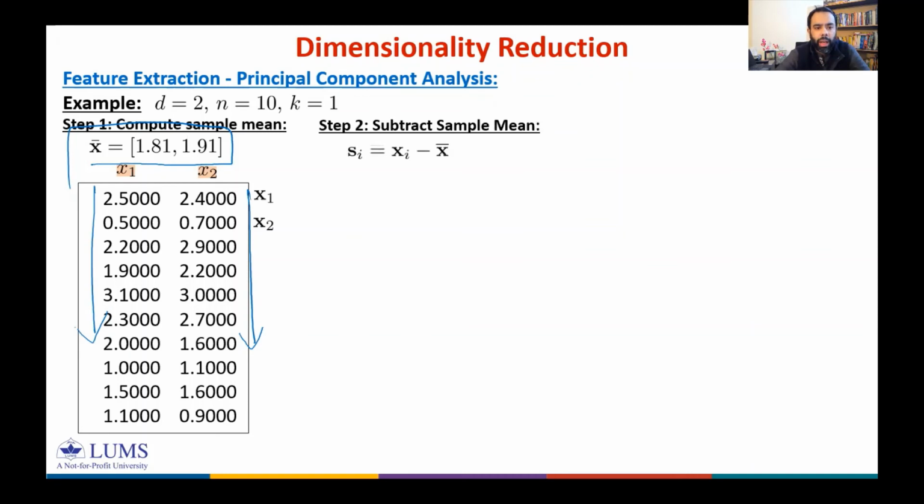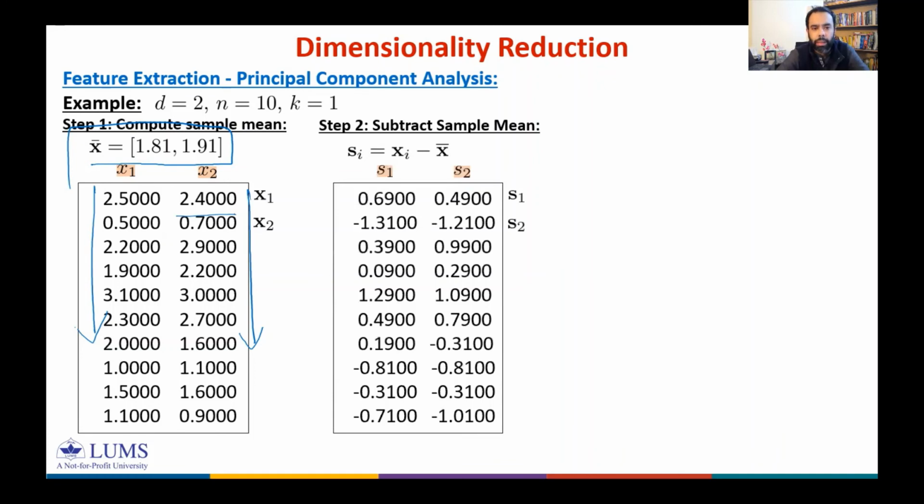So we obtain each new data point S_i by subtracting the mean from the existing data point. Say you pick 2.5 and subtract 1.81, you pick 2.4 and subtract 1.91. What you get is this data set S. In this data set, I have 10 points: S1, S2, this would be S3, and so on and so forth. This would be S10, right?